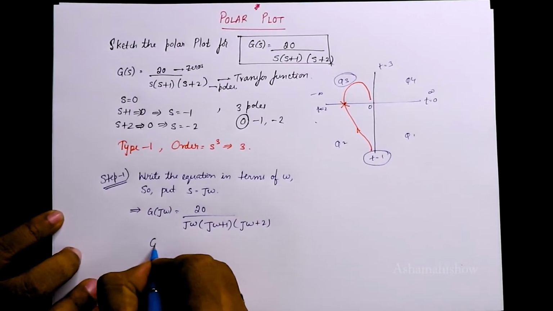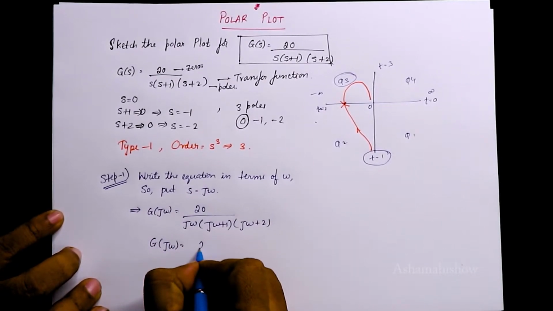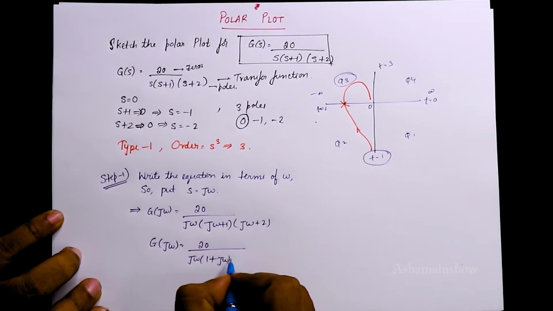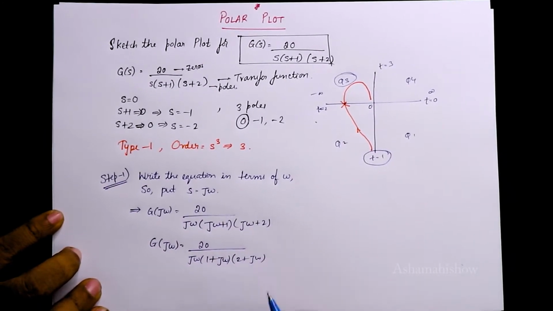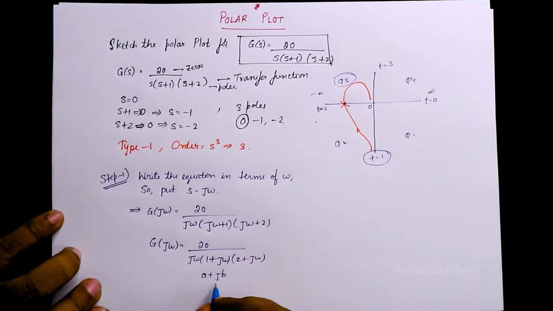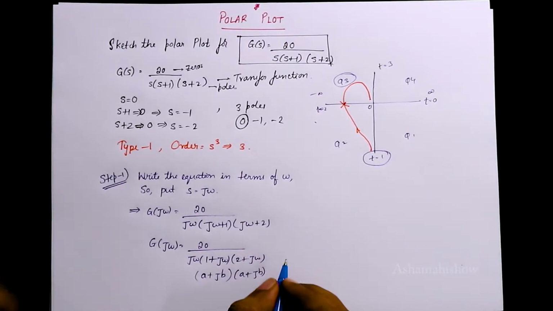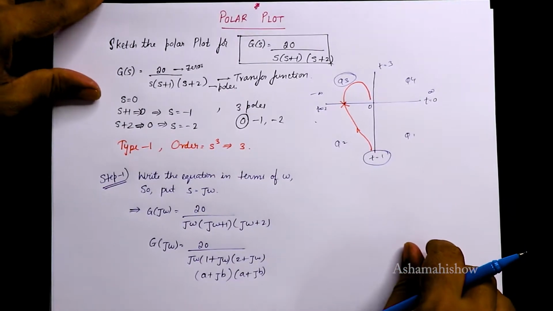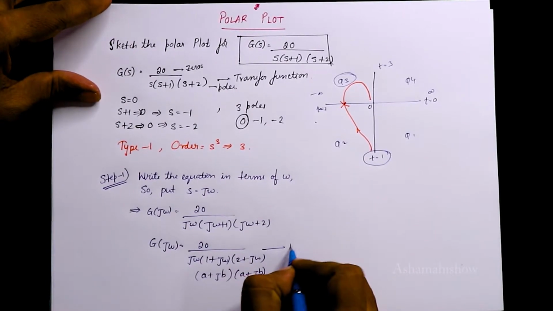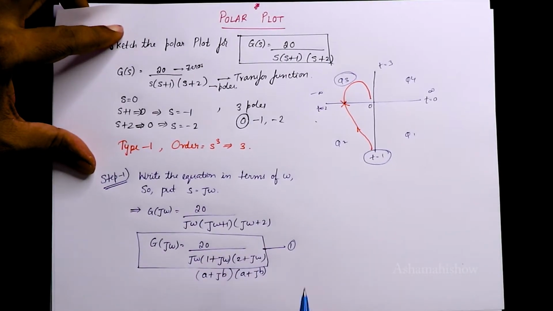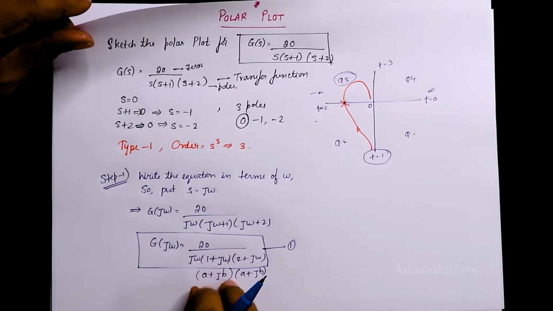We can rewrite this as 20 / (jω(1+jω)(2+jω)), because we want to make it in the format of a + jb, so I am just rewriting this in this manner. So this is step number 1, we have written this in omega format.